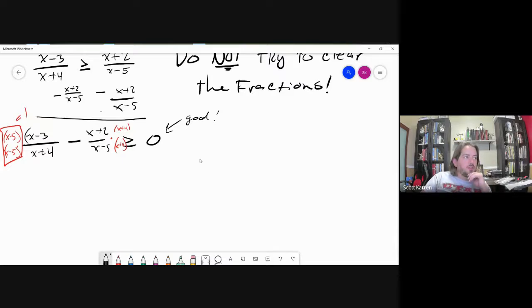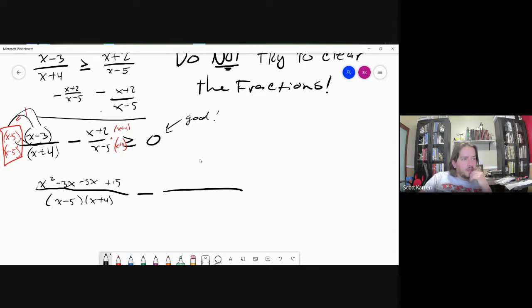But I'll have to FOIL. A lot of FOIL here. If I FOIL the first ones, I get x squared minus 3x minus 5x, and then plus 15 over, and I'm not going to FOIL the bottom. I'm just going to leave it as x minus 5 and x plus 4.